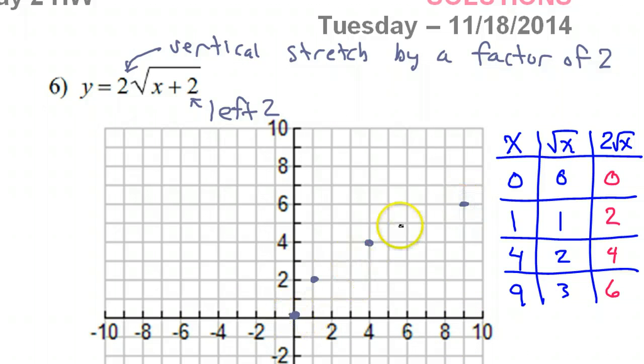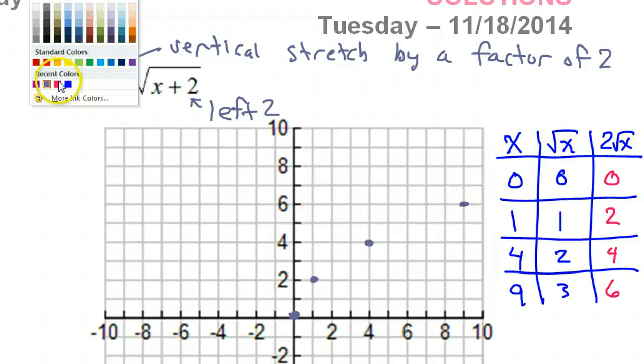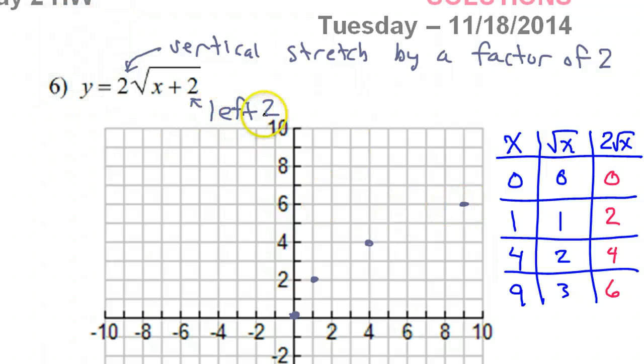So this is our skeleton. Don't draw it in, just put the dots. That's why I call it a skeleton. And now we'll do the shift left 2. So I'm going to take each of these 4 points and move them left 2. And then that will be my actual answer. So I will connect these.